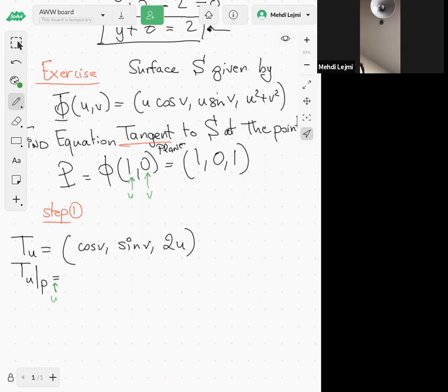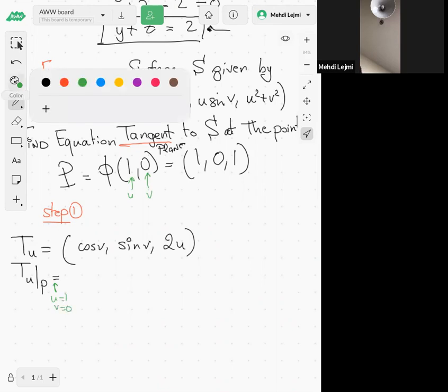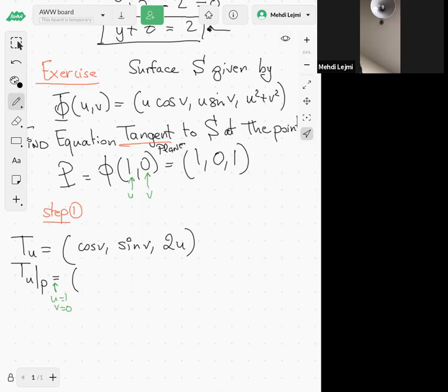So that will be cosine of 0, which is 1, sine of 0 is 0, and 2 times 1 is 2. Now the tangent vector t_v, the derivative with respect to v. The derivative of cosine is minus sine, so it's minus u sine v. The derivative of sine is cosine, so that's u cosine v. And then, of course, 2v.